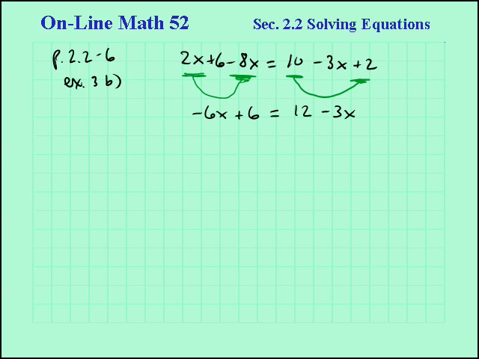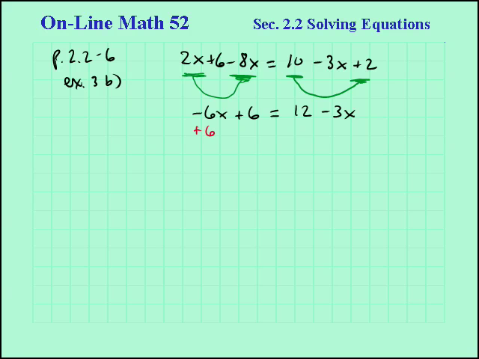We have two variable terms, so as in the previous example, we have to get the variable terms on the left side or the variable terms on the right side. And as you've noted in the last example, it doesn't matter. I'm going to choose to add 6x to each side.